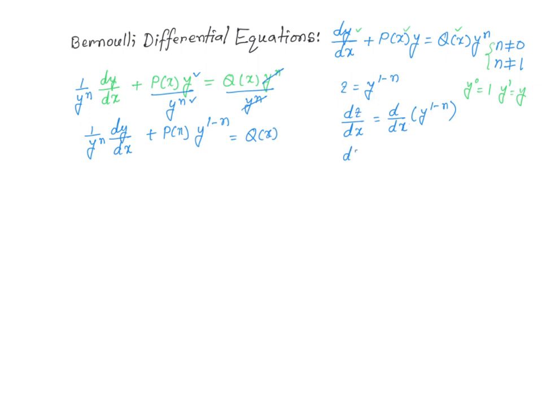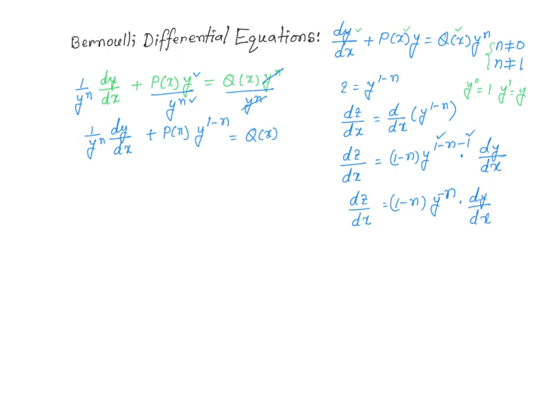And that gives me dz over dx is equal to 1 minus n times y to the power 1 minus n minus 1 times dy over dx, using the chain rule. So dz over dx is equal to 1 minus n times y to the power negative n times dy over dx, right? This 1 and negative 1 cancel.